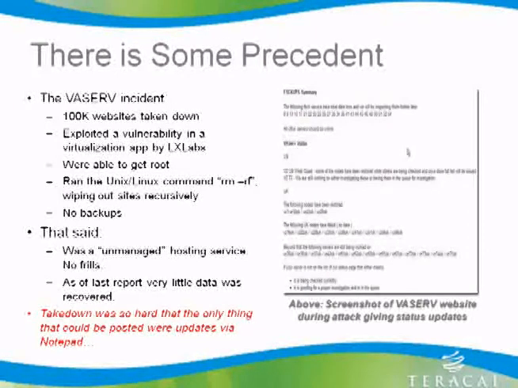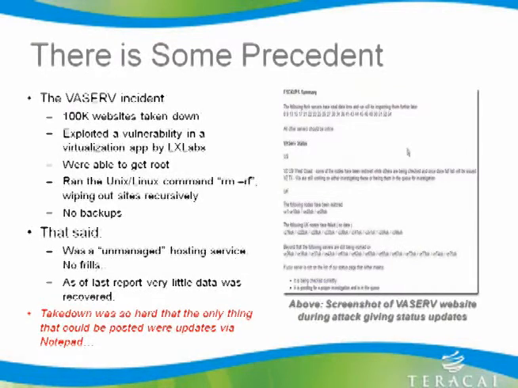The attacker was able to get root and ran the command rm -rf, and for any Linux geeks like myself out there, you know what that does. So if you're root and you run that, it basically deletes your directories recursively. Wiped out the sites, and there were no backups.